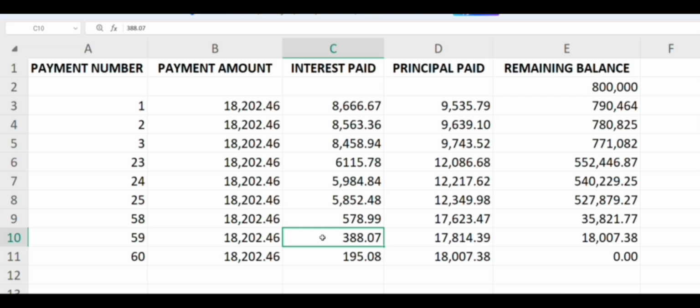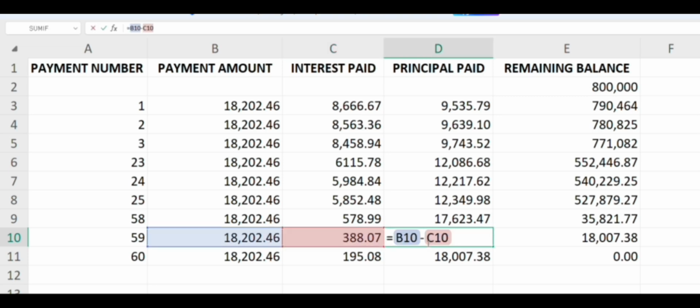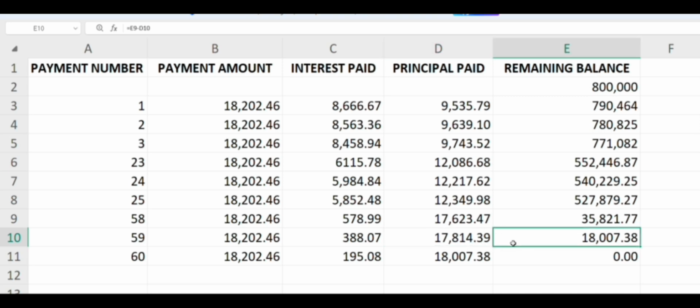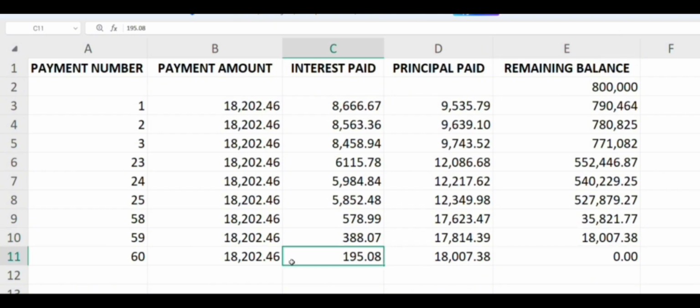And for our 59th month, our interest paid is 388.07, and our principal paid is 17,814.39. And our remaining balance now would be 18,007.38.